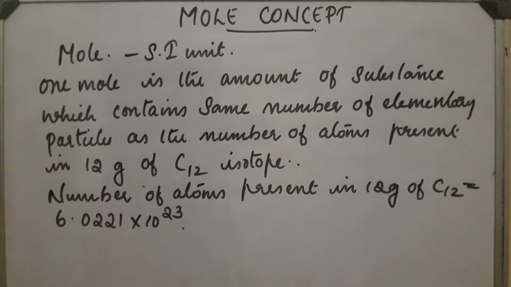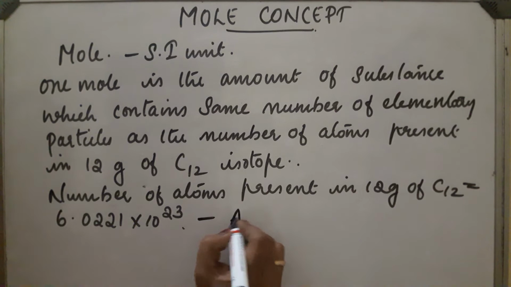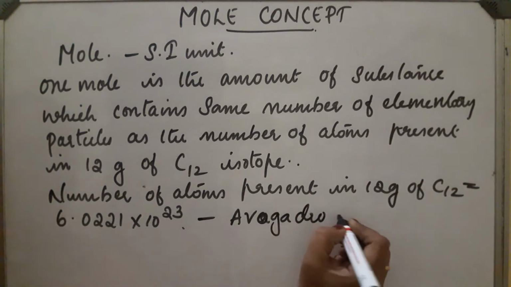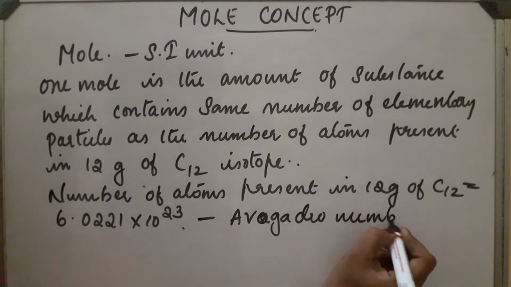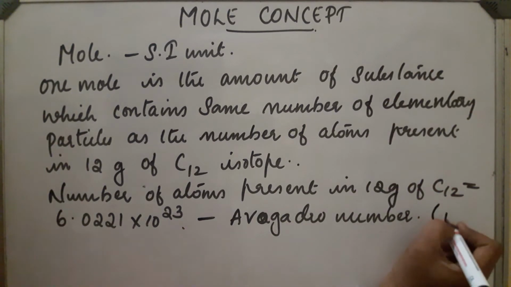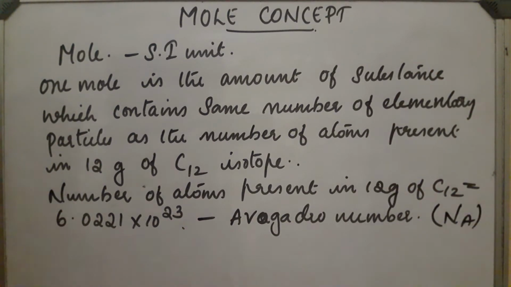This value is called the Avogadro number, and since it is a constant, it is also called the Avogadro constant. It is denoted by Na. So Avogadro number of entities or elementary particles are present in 1 mole of any substance.